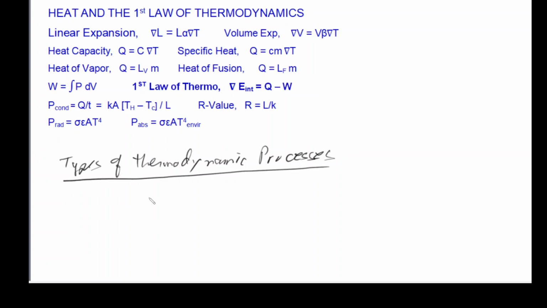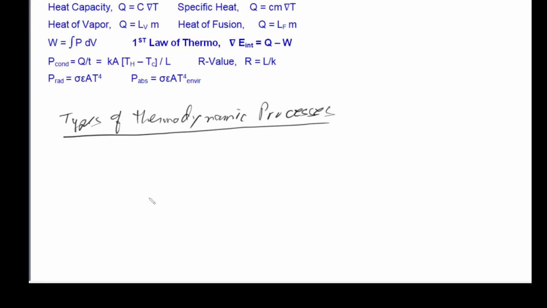And there are different ways that you can do that. So the different processes that a system can undergo are: the first one is adiabatic. And in this case, there's no transfer of heat. This can occur if the change in the system is very rapid or the system is well insulated.